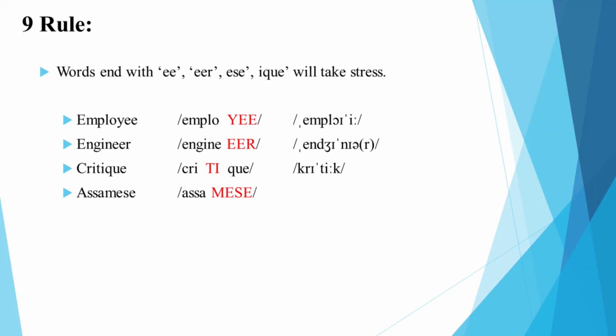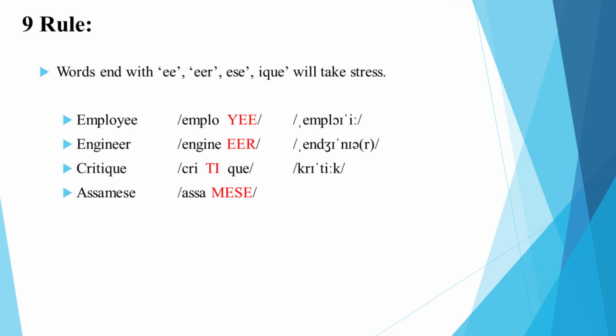Then we move on to the 9th rule: the words ending with -ee, -eer and -ese. For all these suffixes we give the stress on the suffix itself. Whenever we see the suffix in the word, we give the stress on it.